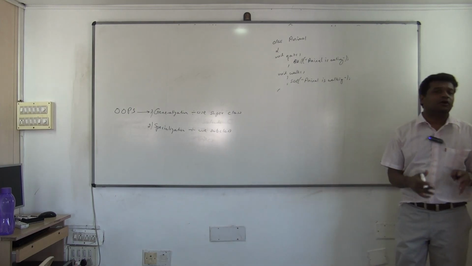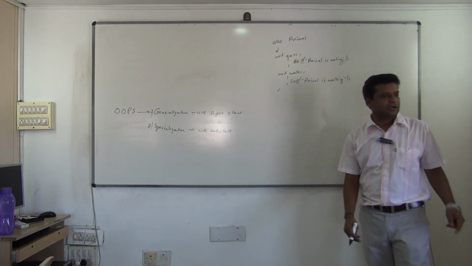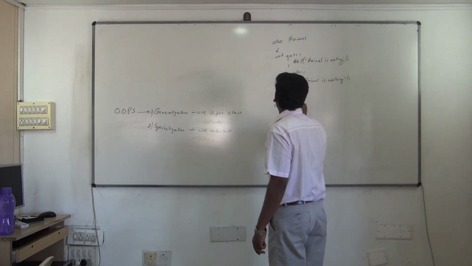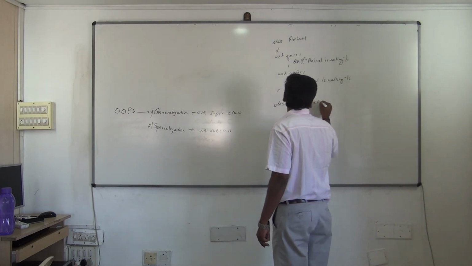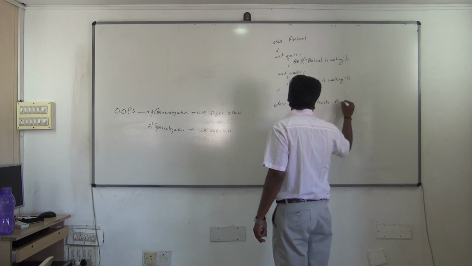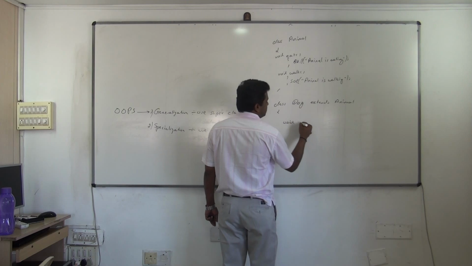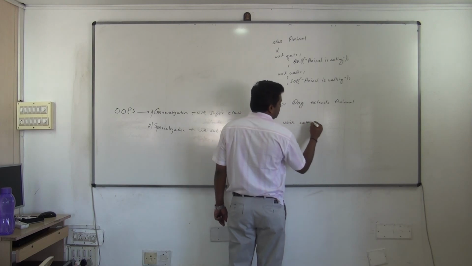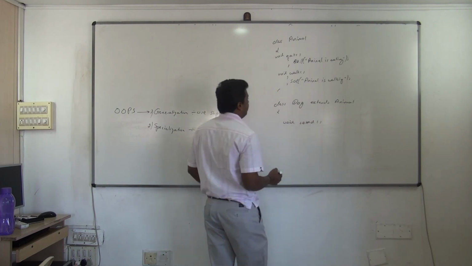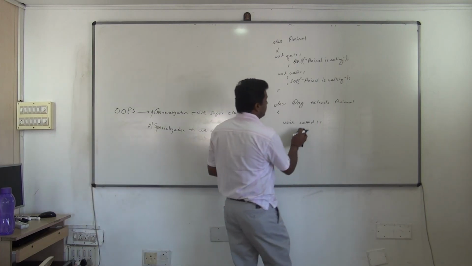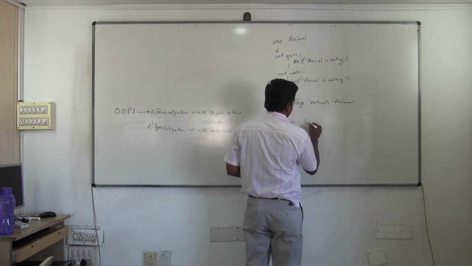Anything which is general to all animals, I'll put into one class. Specialization now. Class Dog extends Animal. So this is specialization. Void sound is extra now.